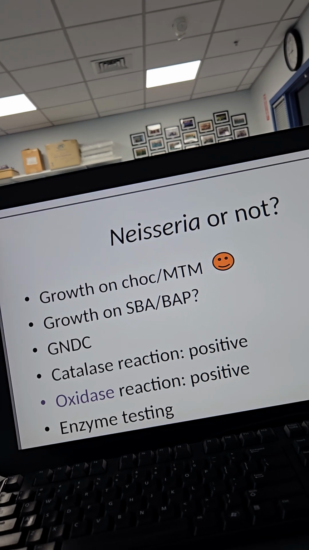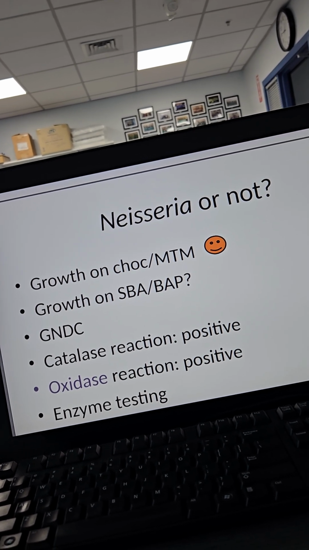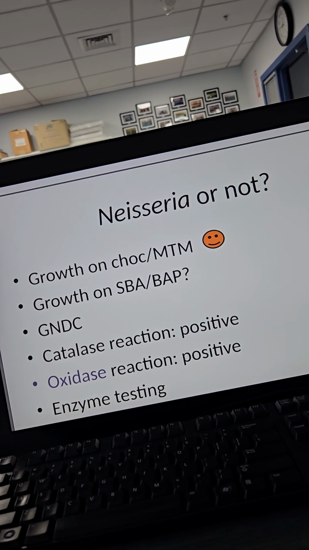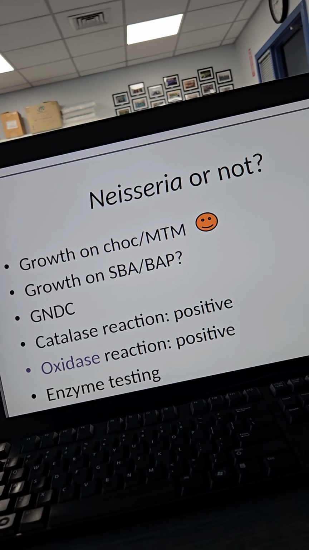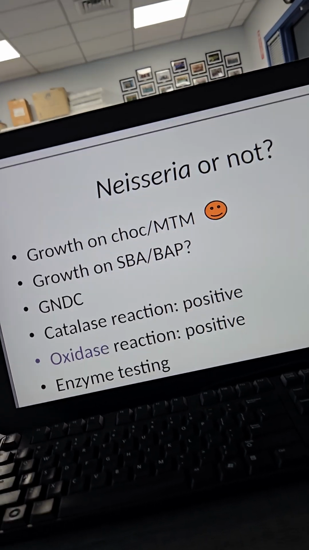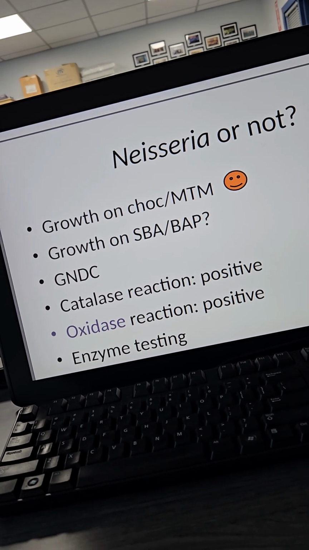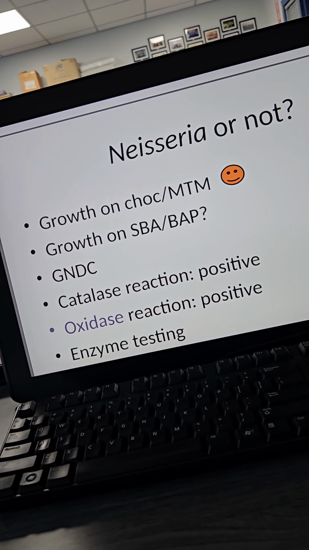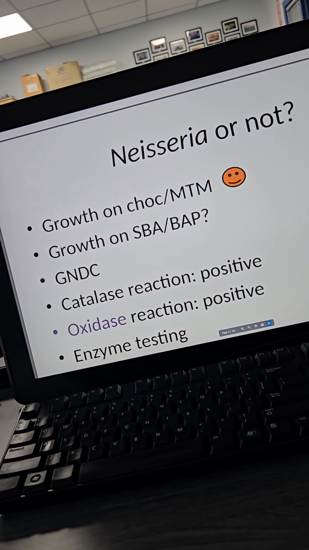Unless you're in Mrs. Murray's lab, because I had a problem with my Neisseria growing on blood agar. So I went and got a whole nother kind of Neisseria gonorrhoeae, right? It also grows on blood agar in my lab. I don't know why, but when it's coming from a patient, it shouldn't be growing on the blood, but you'll see it growing on the chocolate and the Thayer-Martin.